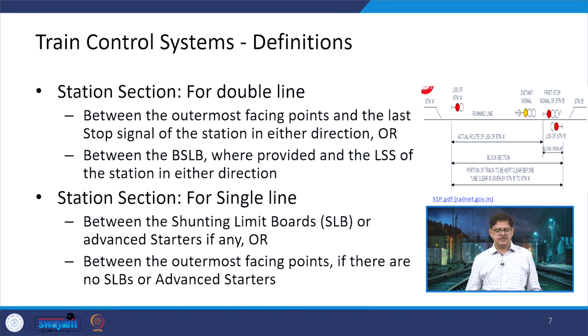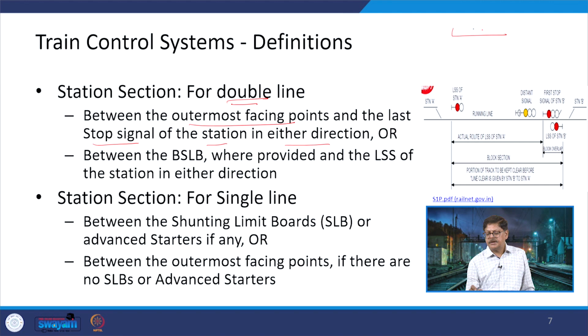So, station section in the case of a double line is between the outermost facing points and the last stop signal of the station in either direction. Okay, so that is the distance which we are talking about in terms of a station. So, when you are talking about a station, it is the outermost facing point and the last stop signal.